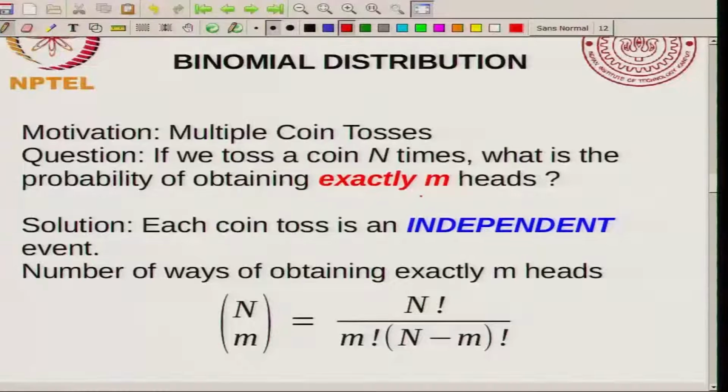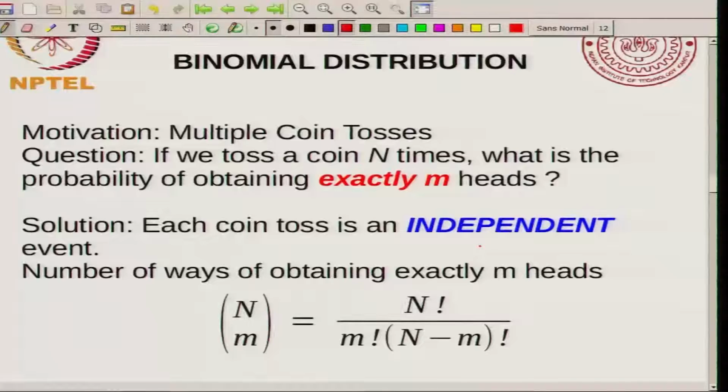Okay. And if you want to answer this question, what you will immediately notice is that each coin toss is an independent event. So, the first time I toss a coin, there is a 50% chance of getting heads. The second time I toss it, again there is a 50% chance of getting heads.